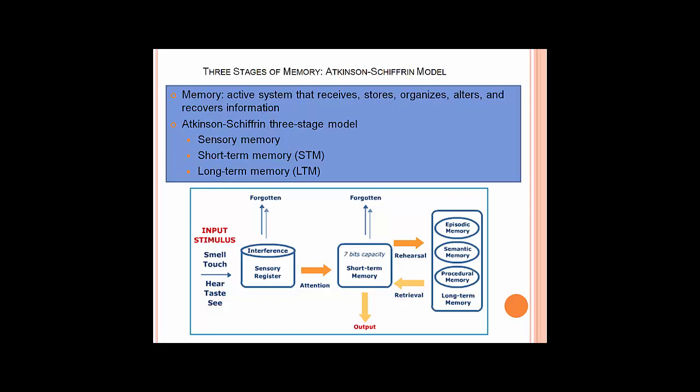And that register says, do we really want this at all? And sends it out. It's just gone. So you're not aware of most of the things that your sensory systems encounter in the environment. At that point now, your brain says, let's pay attention to this.